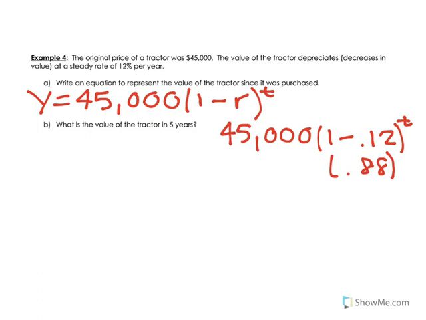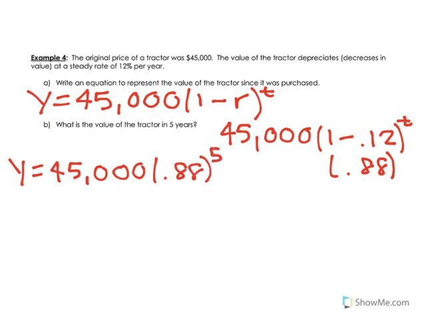So you can just keep that in mind when we start moving on to B. Because B asks what the value of the tractor is in 5 years. So we write our equation, y equals the original price, which is $45,000, times 0.88, because that is what 1 minus 0.12 equals, and our time is 5 years. If you put 0.88 and raise it to the 5th power, because we do exponents before we multiply, you should get 0.52773.